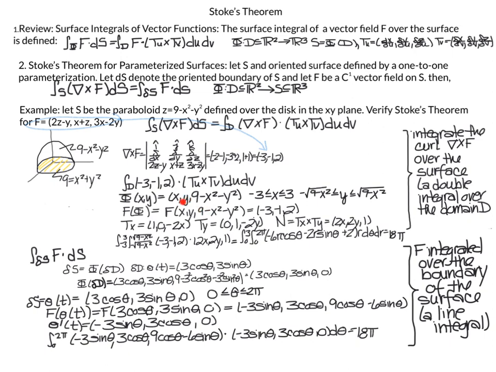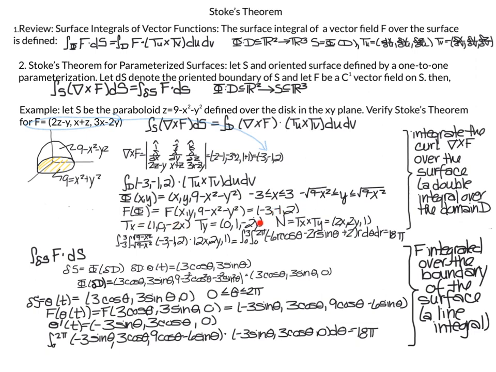I see that the vector field I want is my curl. This curl is easy because it's just negative 3, negative 1, 2. All points get mapped to negative 3, negative 1, 2. There are other curls where you'll still have variables x and y in here, but with this one everything gets mapped to negative 3, negative 1, 2.